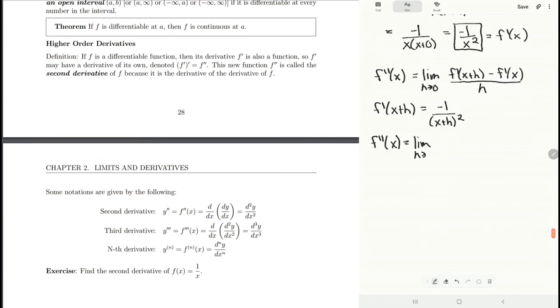So now we can calculate the limit. So we have the limit as h goes to 0 of negative 1 over (x plus h) squared minus f prime of x, which is negative 1 over x squared. And this is all divided by h.